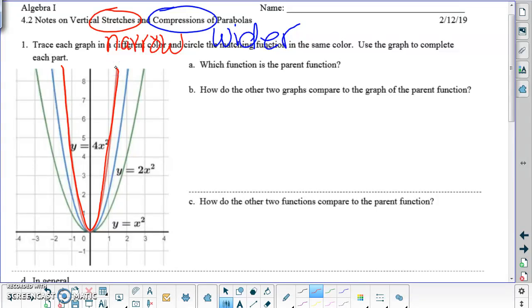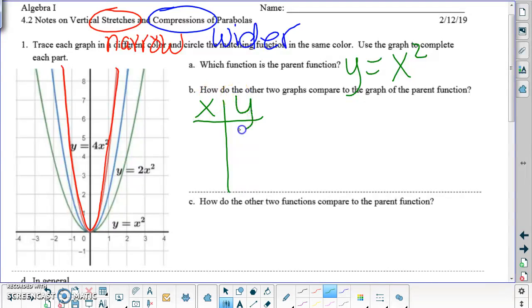So yesterday we talked about the parent function. The parent function is y equals x squared. The b value is 0 and the c value is 0. So take a look at your three graphs. I need to figure out if the parent function is green, blue, or red. So something I can do is make a table of values for the parent function. So x could be 0, 1, and 2. I'm going to plug 0 into the parent function.